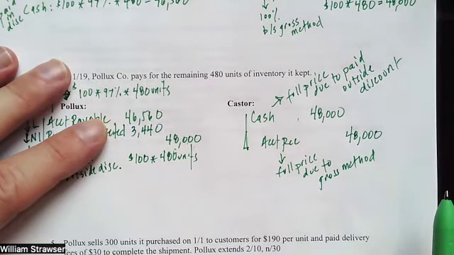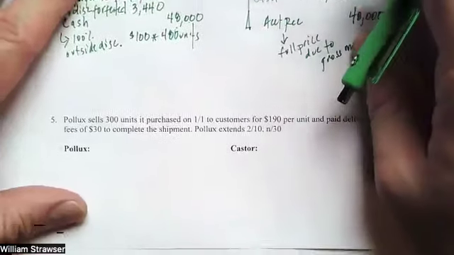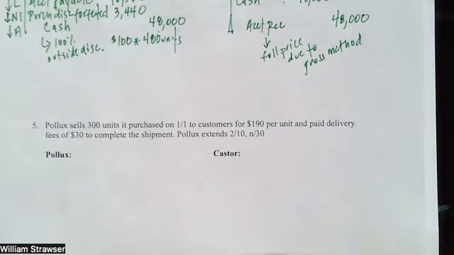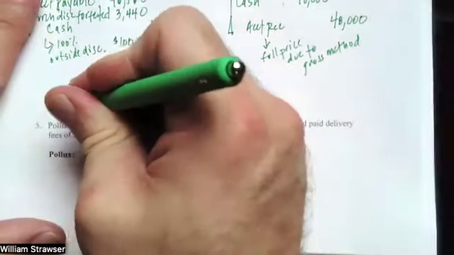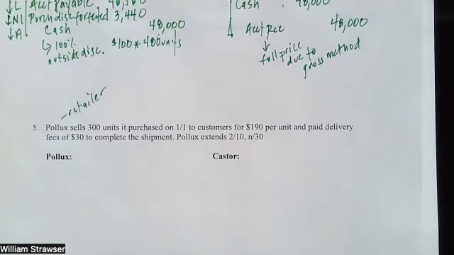All right. Now, the last piece, this is when Pollux finally sells. So remember Pollux is my retailer, the guy who's been buying this inventory from Caster and paying it off. Now they finally turn and sell it to their customers.